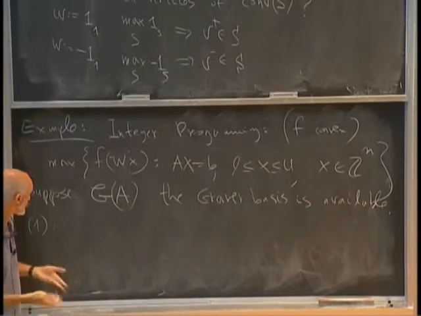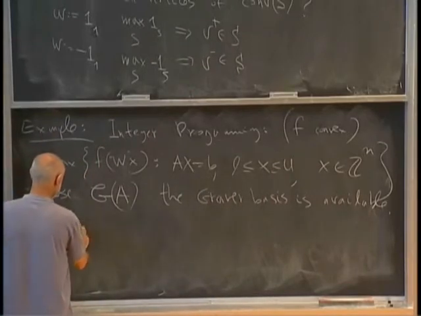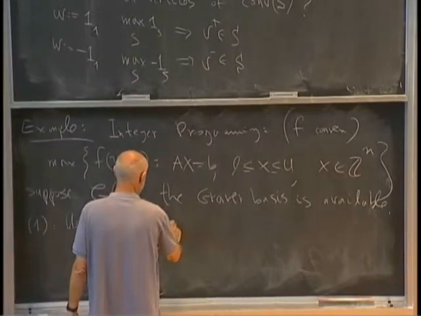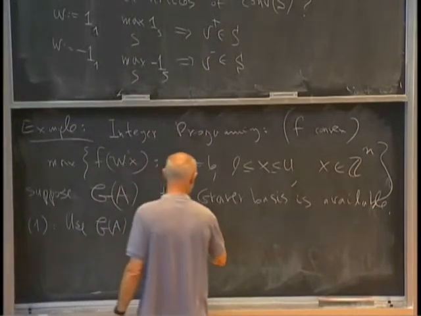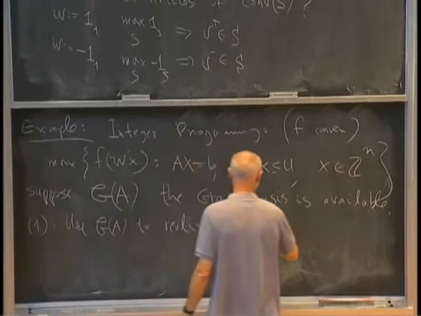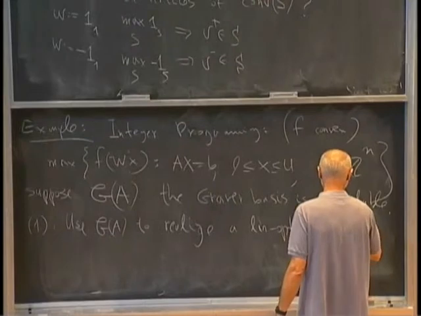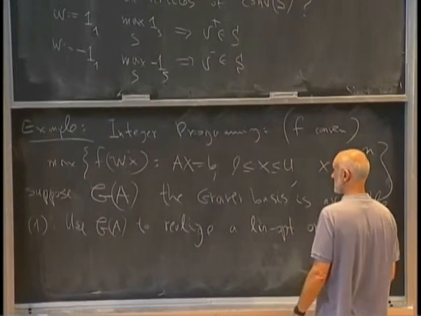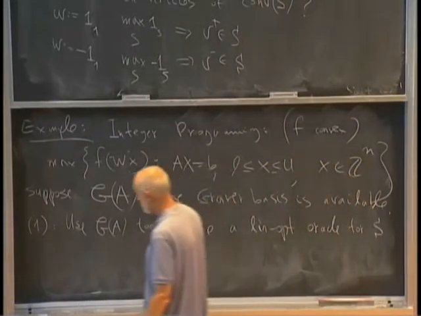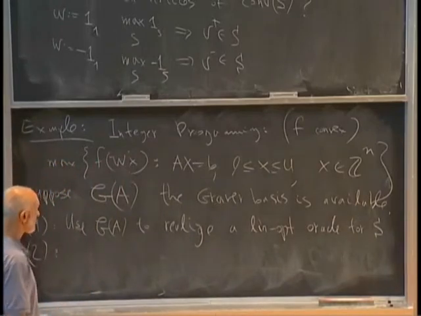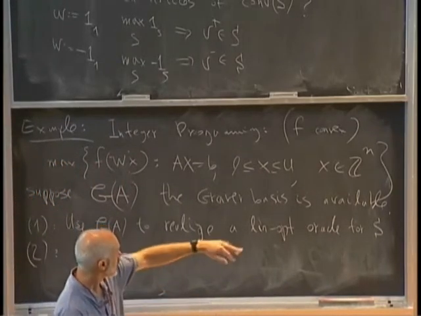We need the entire machinery of Graver bases. So we can use the Graver basis of A to realize a linear optimization oracle for S. That's the first ingredient. The function is given by an evaluation oracle, that's not a problem. What's the other ingredient we need to apply this machinery?